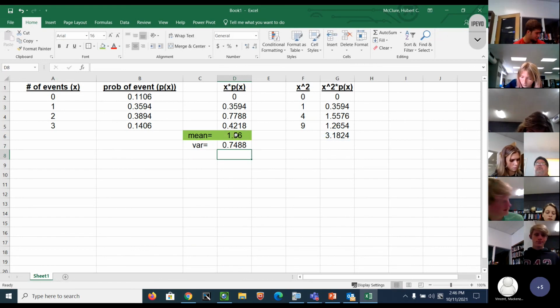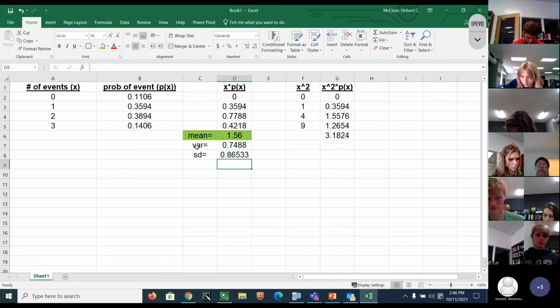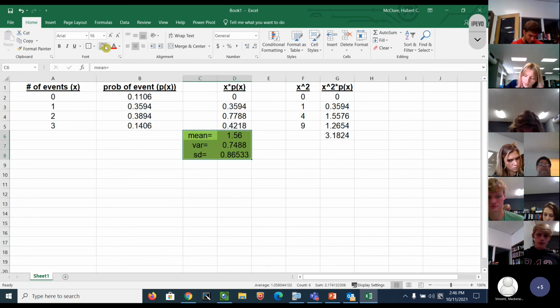Y'all get 0.7488. And now just take the square root of that, equal to this raised to the 0.5 power. And these are what you will be tested on for the test, and standardized test, as a matter of fact.